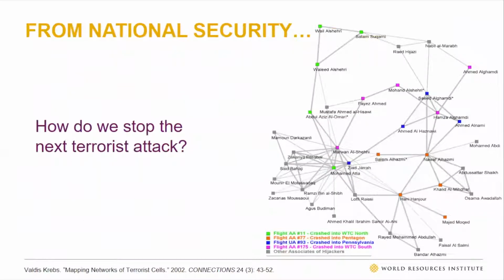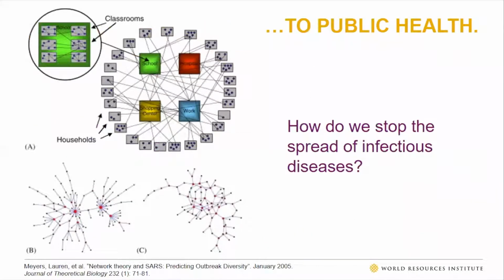So this has a lot of uptake in the fields of national security. So for example, if the government is trying to look at terrorist networks, or there's a lot of work being done in public health, thinking about how to stop the spread of infectious diseases.